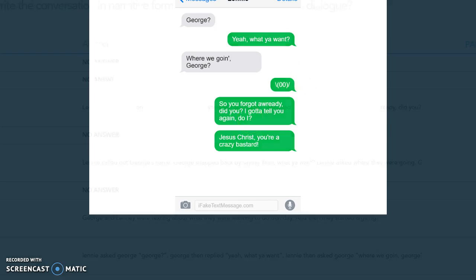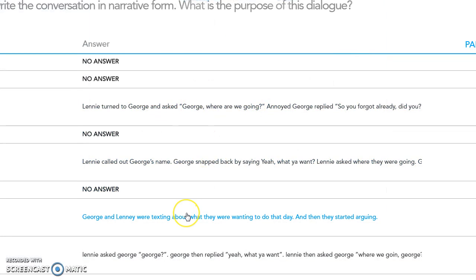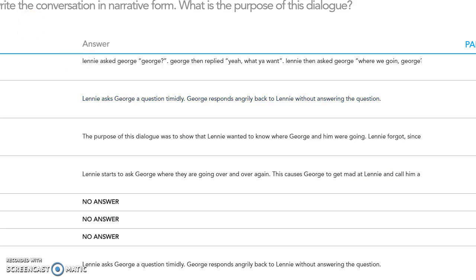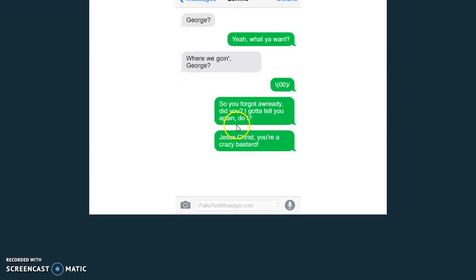So, a lot of your different answers were the purpose of the dialogue was to show that Lenny wanted to know where George and him were going. Lenny forgot since he had short-term memory. So we really kind of determined that one of the character traits of Lenny is that he's forgetful based on this dialogue between Lenny and George.